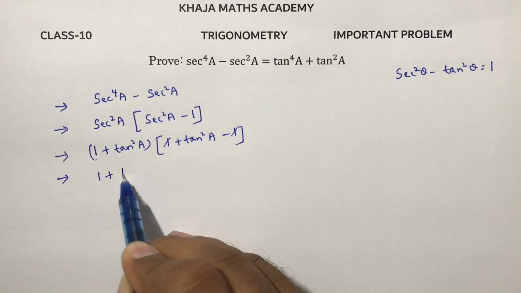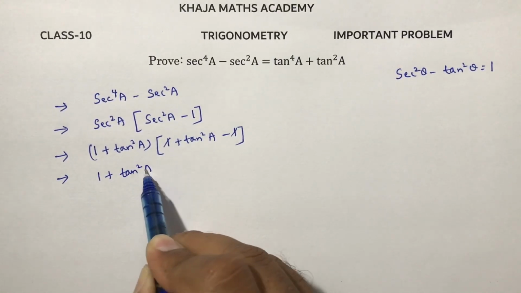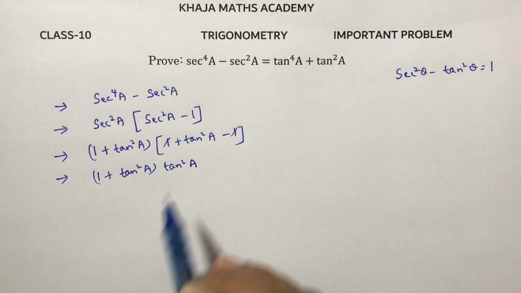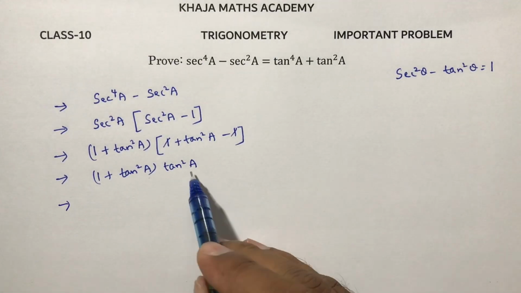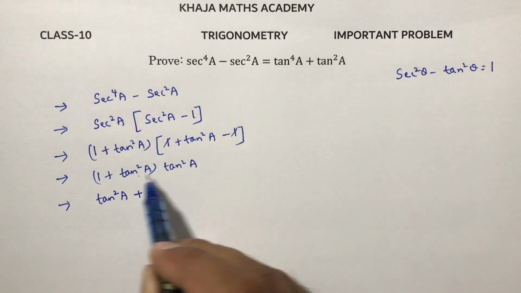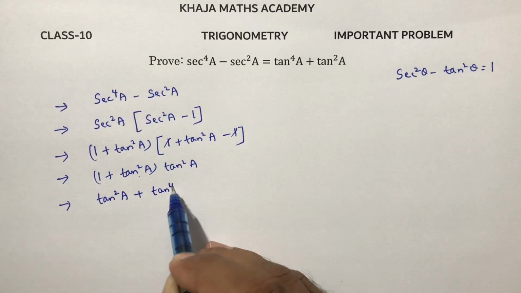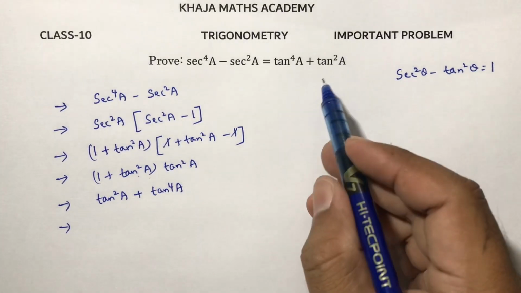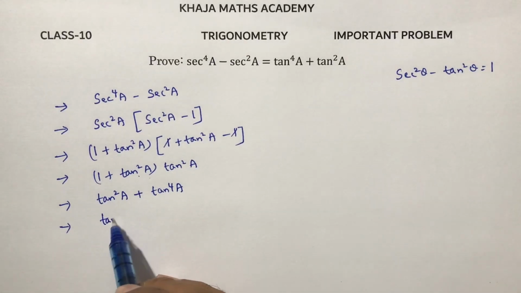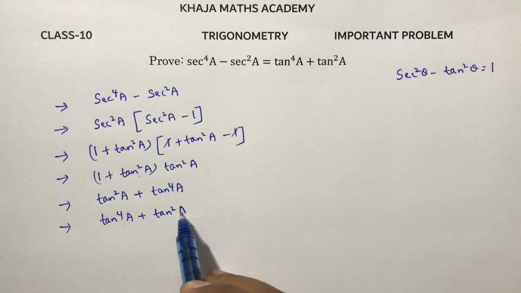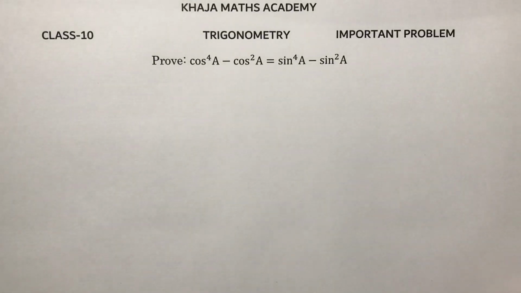So (1 plus tan square a) into tan square a. So tan square a into 1 is tan square a plus tan square into tan square is tan power 4a. So tan square a plus tan power 4a, that's the required answer. Or you can write tan power 4a plus tan square a.